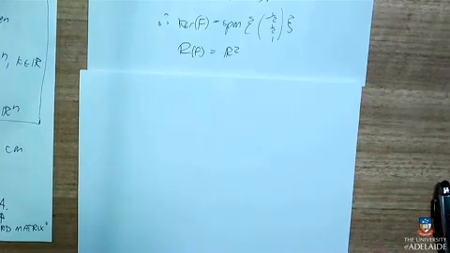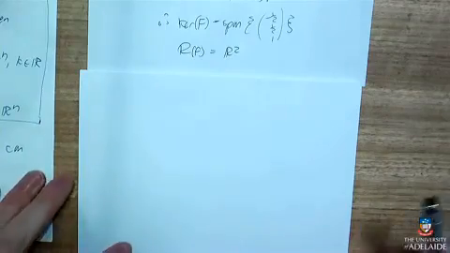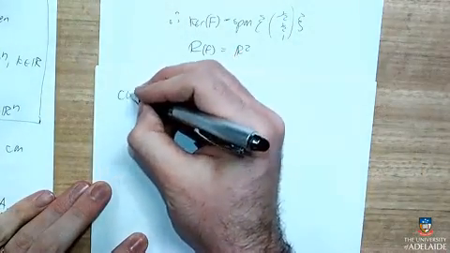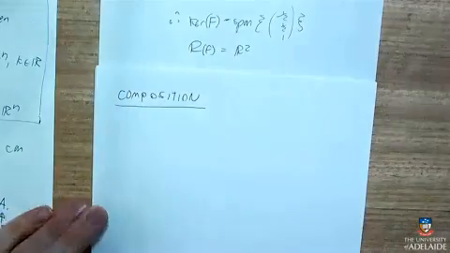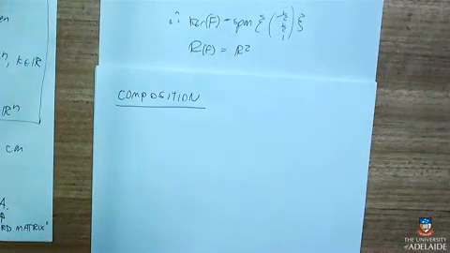First, while you're looking for it, I will at least say what composition is. Composition's a fancy word. When you did composition back in Maths 1A, composition is when you put one function inside another.